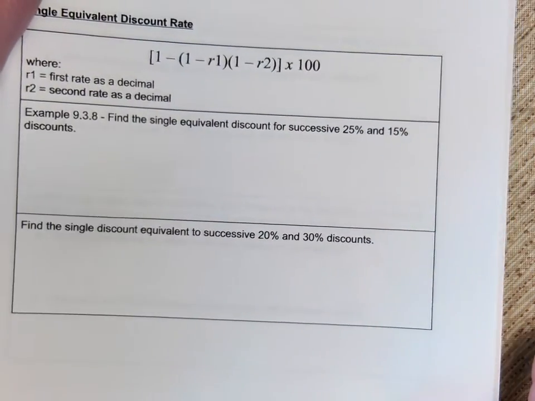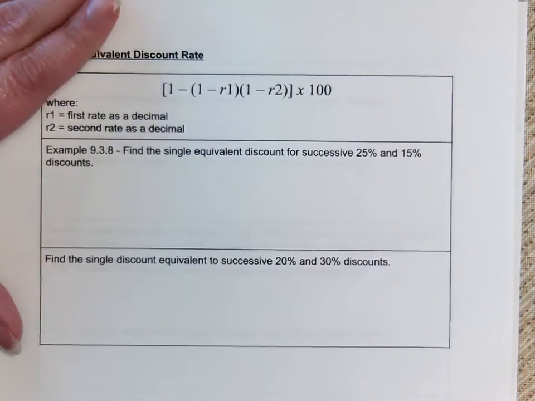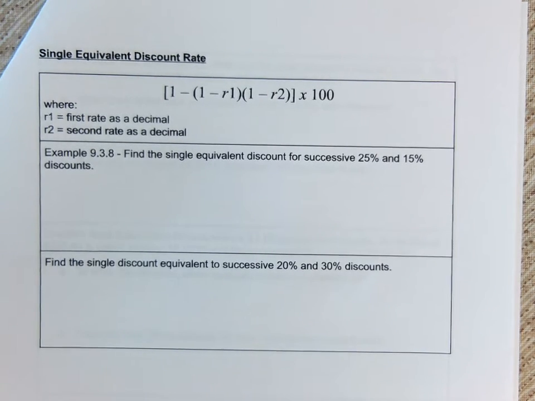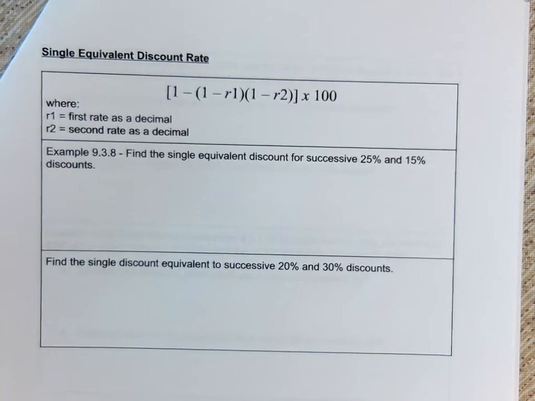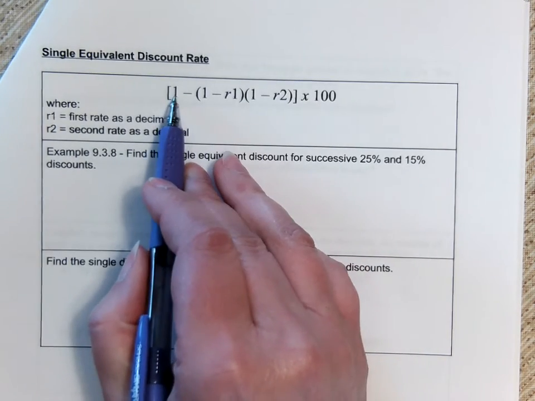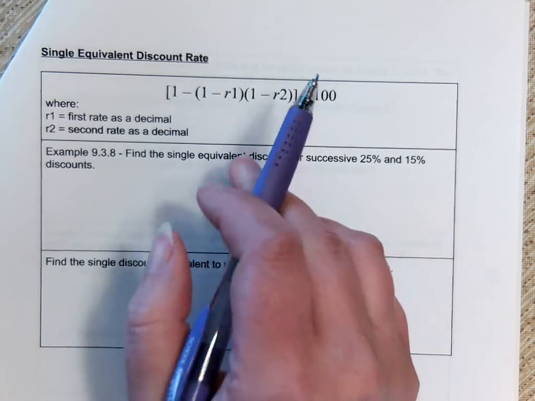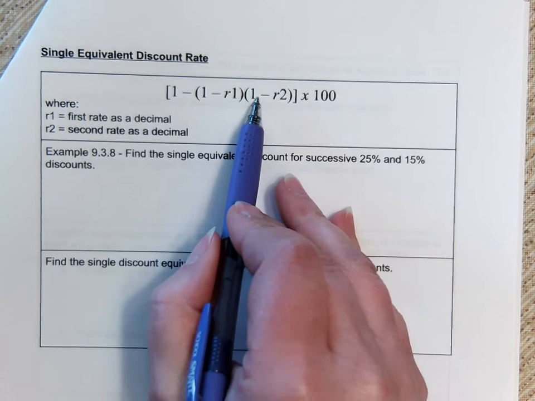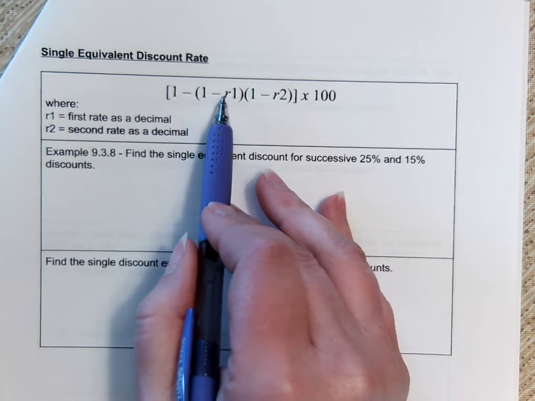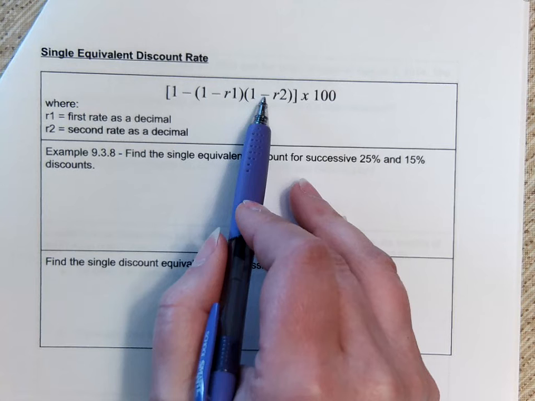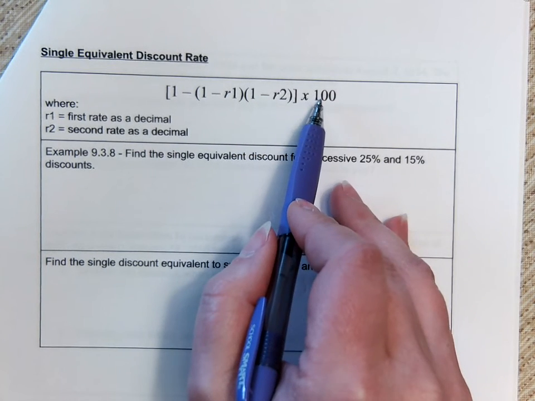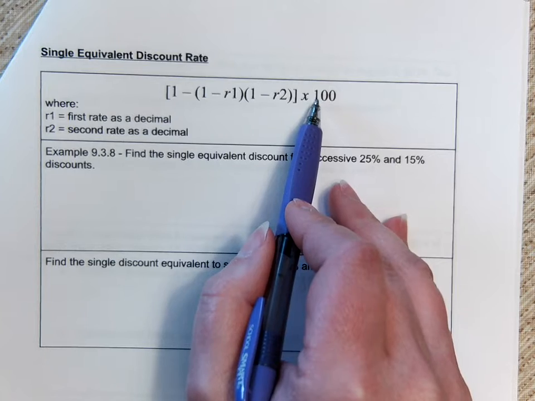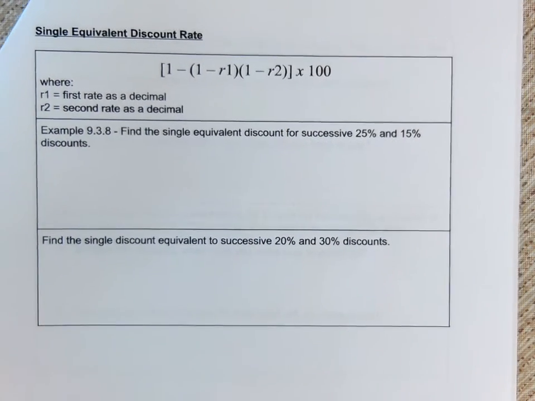But the question is what is that actual single equivalent discount rate if you don't add them together? So what we're going to do is we're going to do 1 minus, and then we're going to multiply those two parentheses together. 1 minus our first rate times 1 minus our second rate. And once we do that, we're going to have a decimal, and we're going to multiply it by 100 to convert it to a percent. So let's practice.